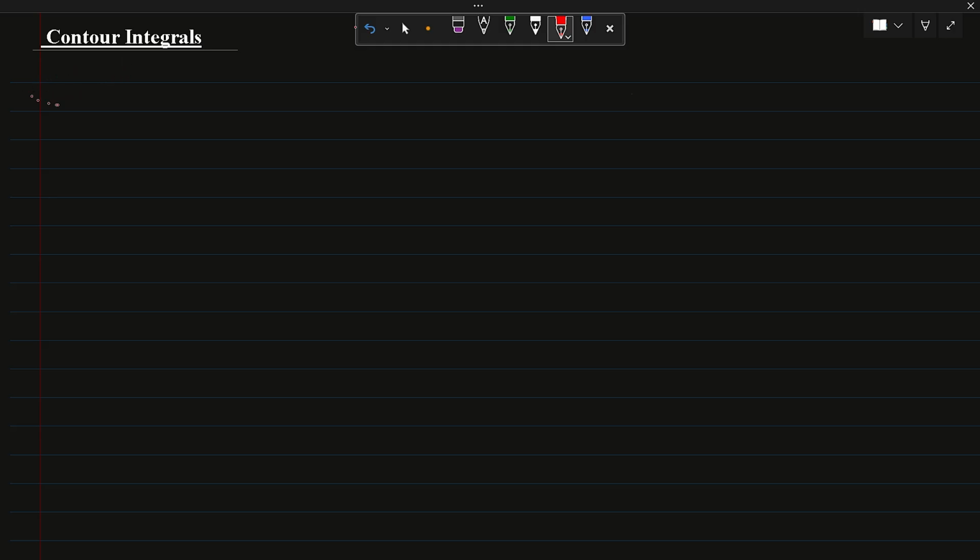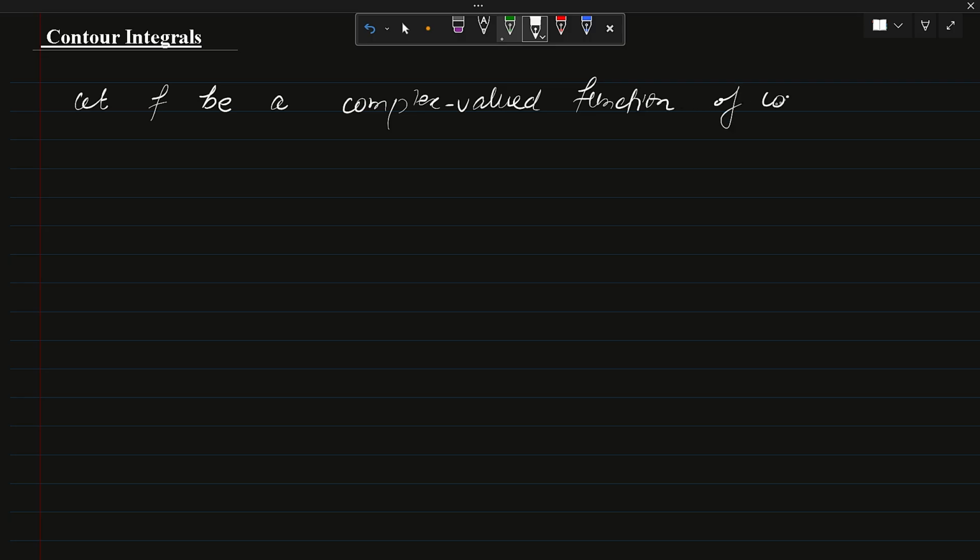Okay, so let us say we have a function. Let f be a complex valued function of complex variable z.